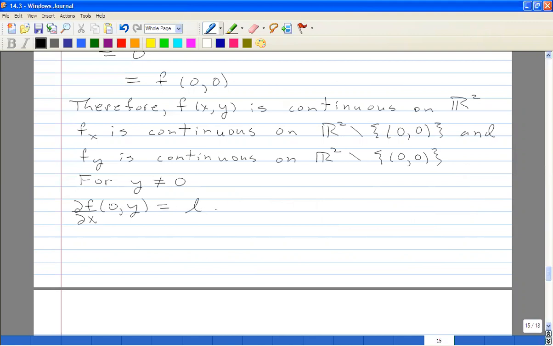So this is the limit as h approaches 0 of f(0 plus h, y) minus f(0, y) over h.